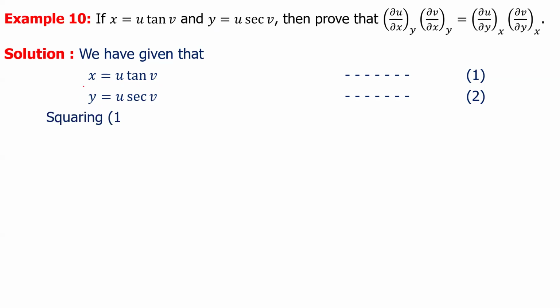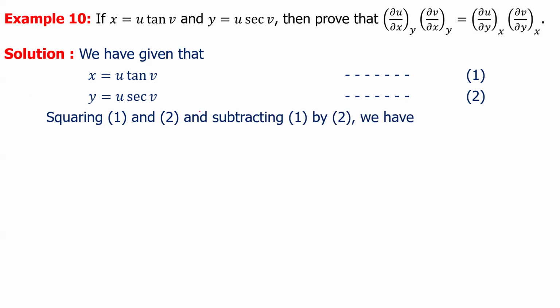So let us do the first thing, squaring 1 and 2 and subtracting 1 from 2. So what we are doing, we are squaring 1 and 2 and subtracting. Just look here, y square minus x square is equal to u square sec square v minus u square tan square v.